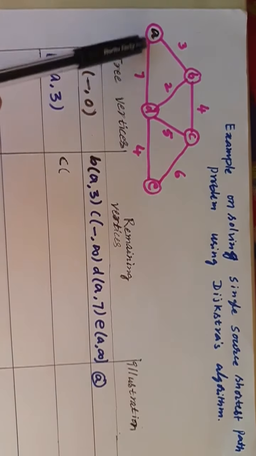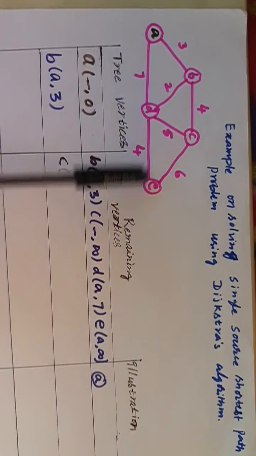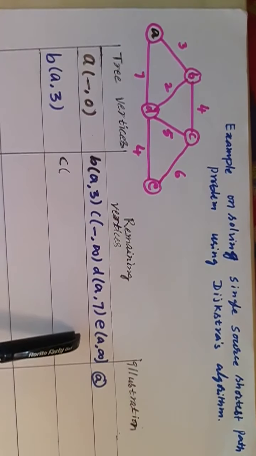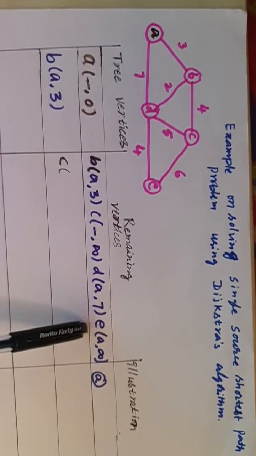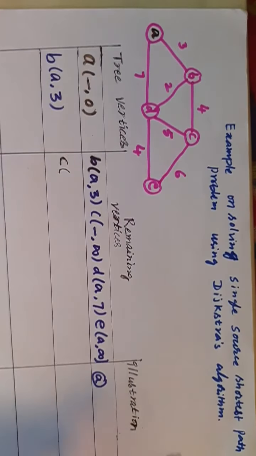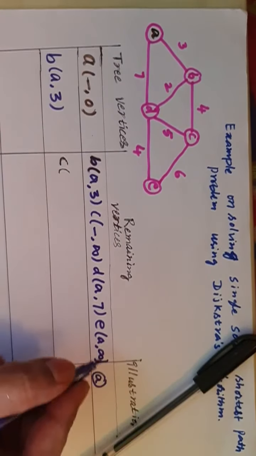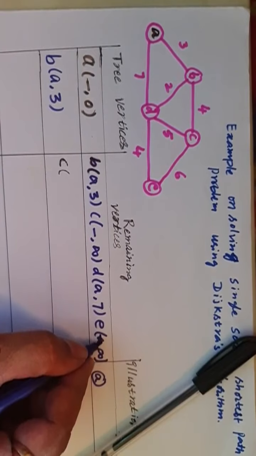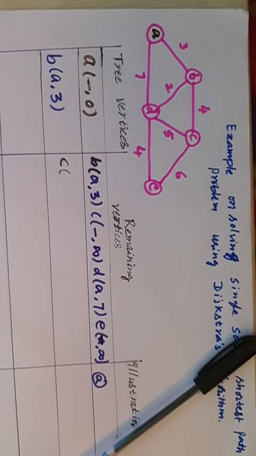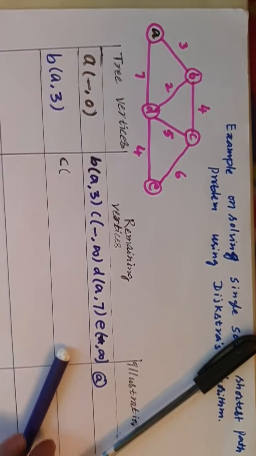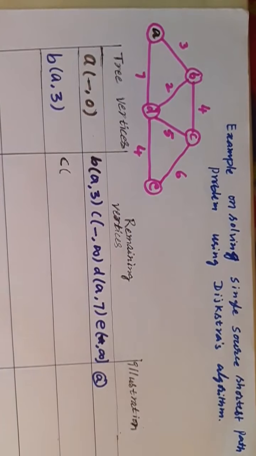E, at present we can't reach e from a, so let it be null, comma, infinity. Now the illustration explains that I have taken only one vertex, that is a.